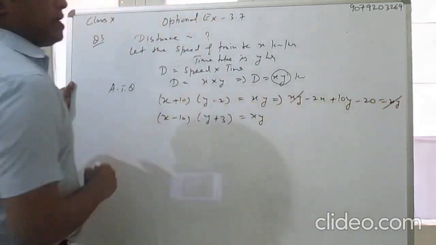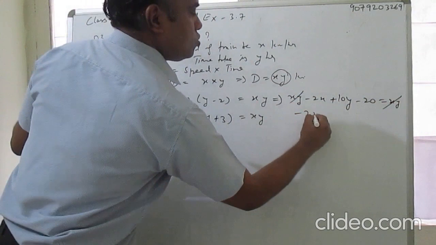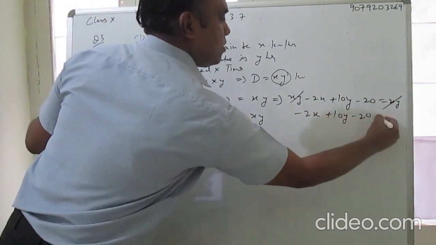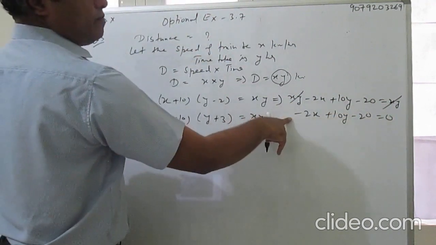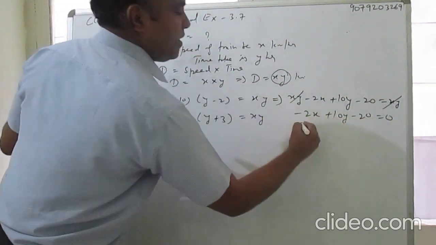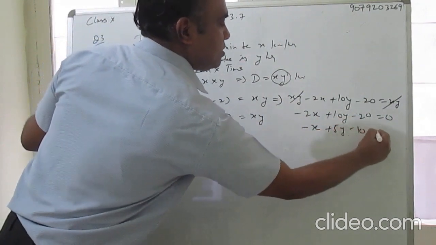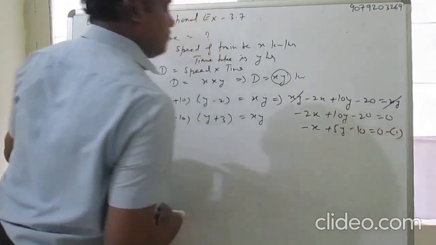Now xy cancels out. It is minus 2x plus 10y minus 20 is equal to 0. Now divide the full equation by 2. Minus x plus 5y minus 10 is equal to 0. This is our equation 1.